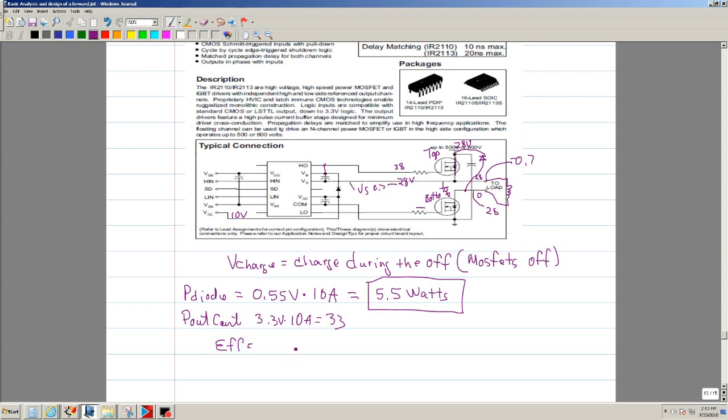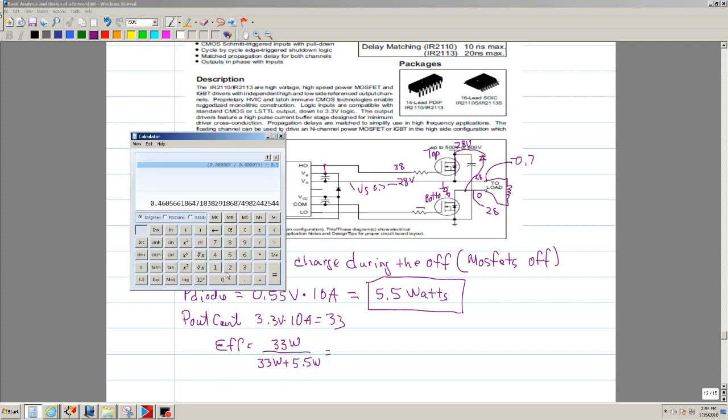So let's see what the efficiency is going to be. It's going to be 33 watts divided by 33 watts plus the dissipated watts.